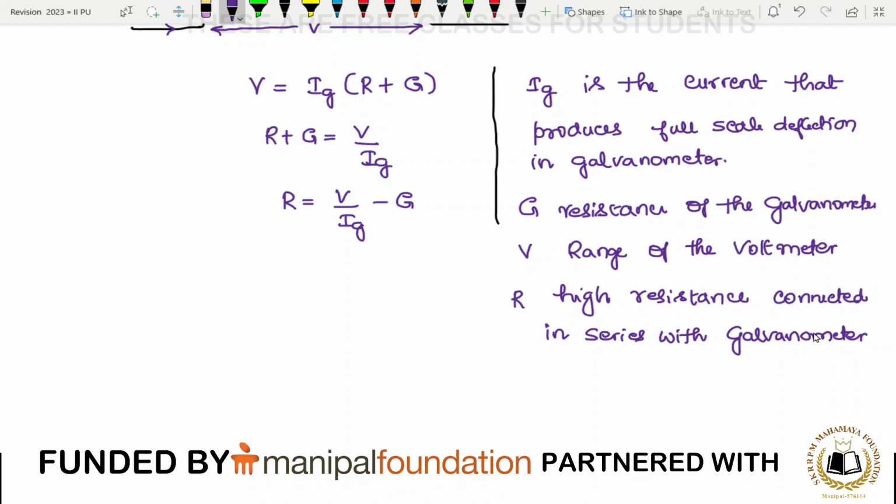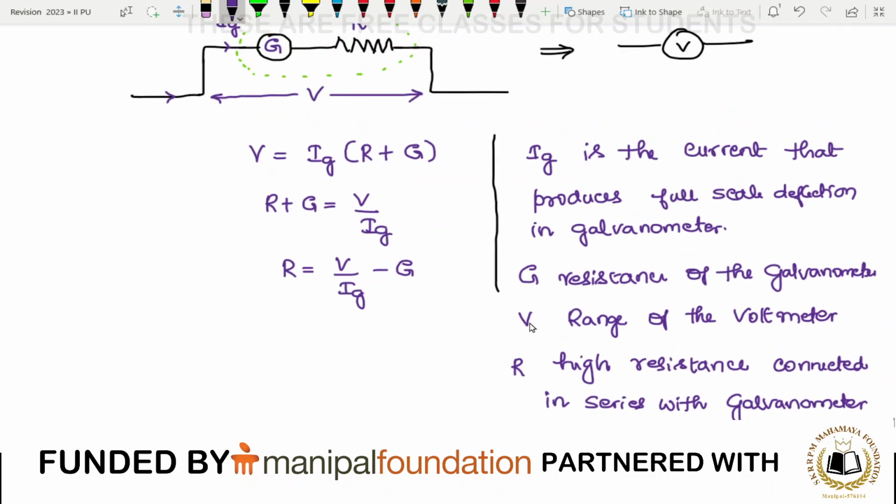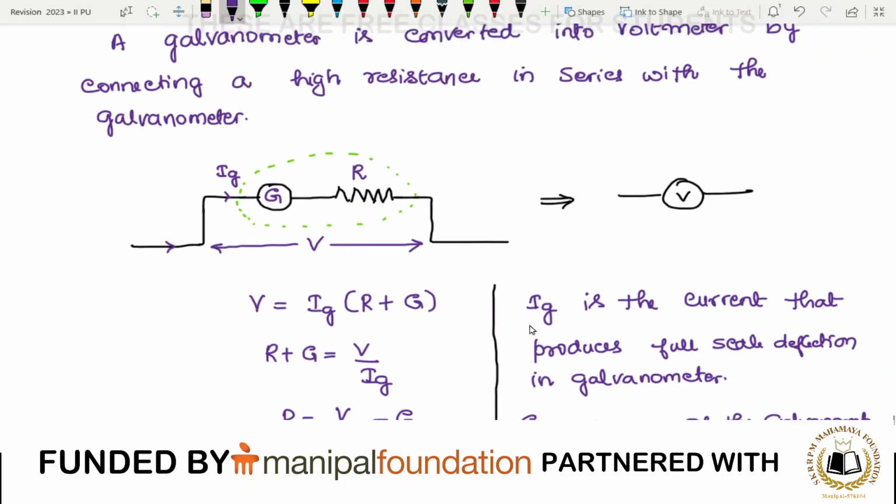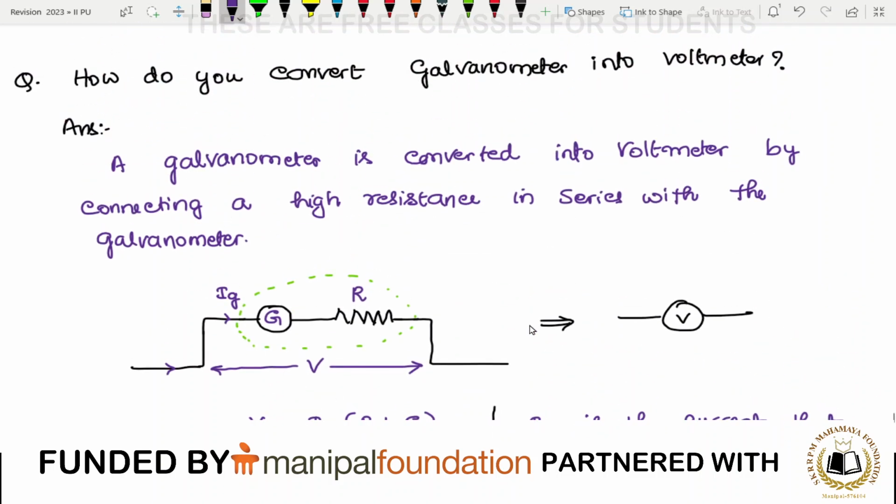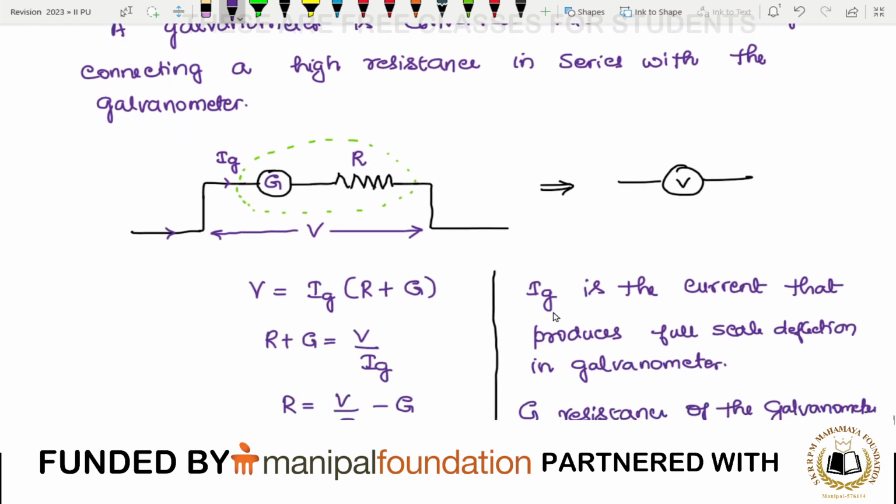Okay, so these are the many things about conversion of galvanometer to voltmeter. So the question was, how do you convert a galvanometer into a voltmeter? A galvanometer is converted into a voltmeter by connecting a high resistance in series with the galvanometer, and that voltage is written as V.